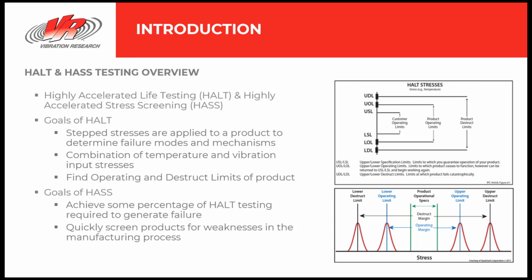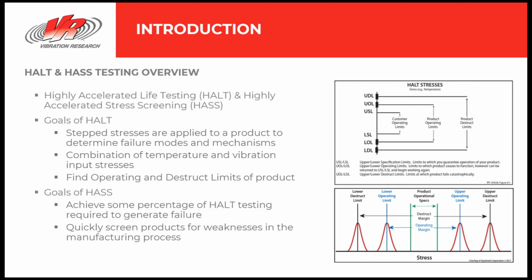Typically, the primary stresses in almost every HALT test are going to be temperature and then rapid change temperature from heat to cold, as well as vibration. But there is a variety of other stimuli that could be added in conjunction with these. And the goal in the end is to find those operating and destruct limits of the product.